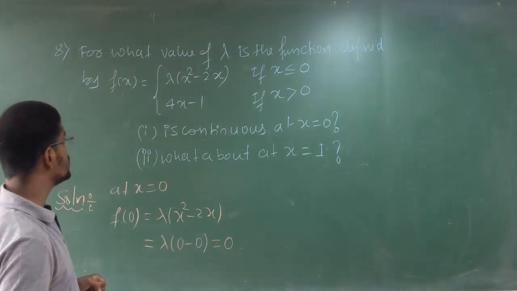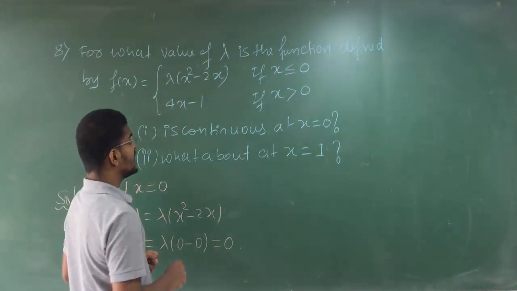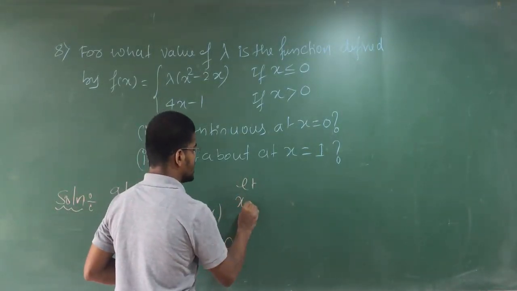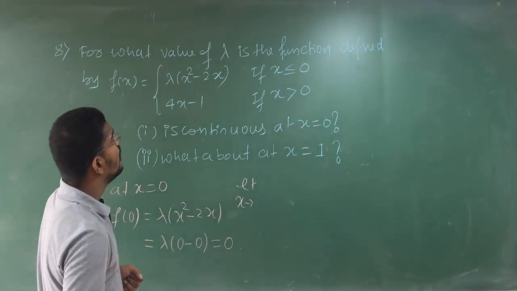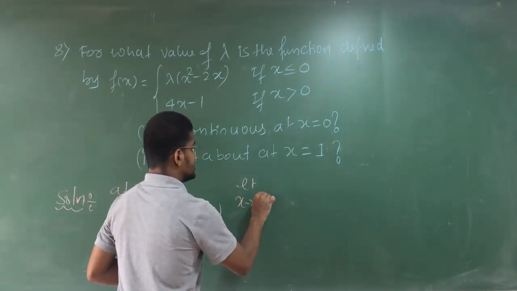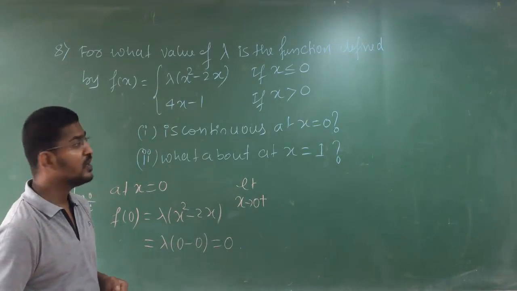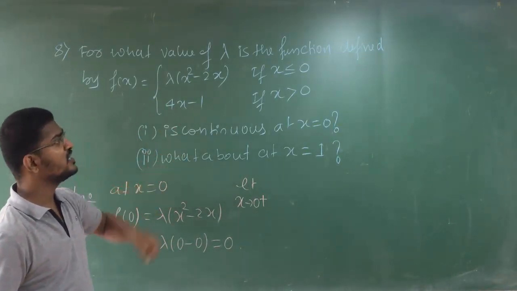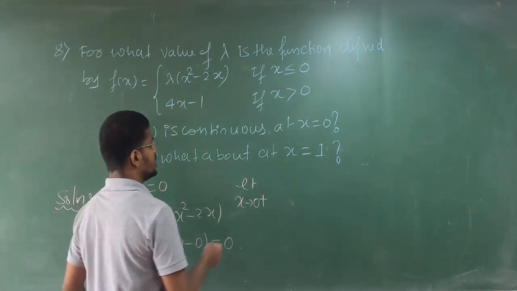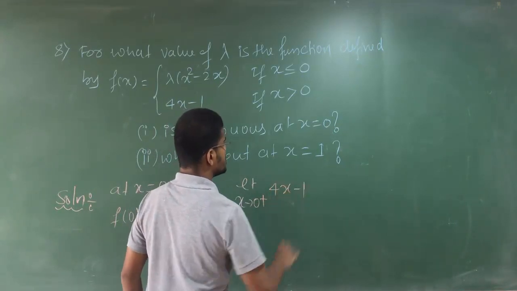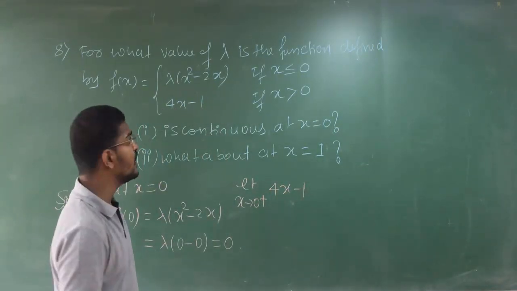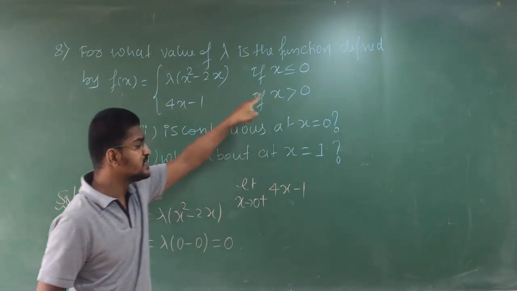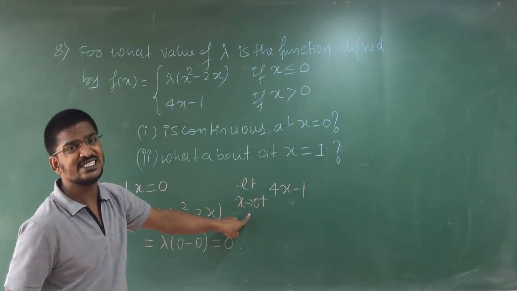Clear, students? So now let us find the limit as x tends to 0 plus, that means the RHL at 0, that is 4x minus 1. See, x greater than 0 means RHL at 0.